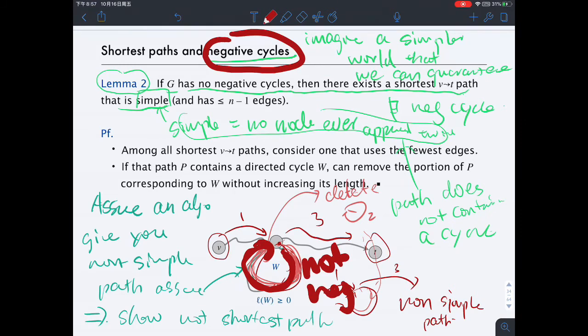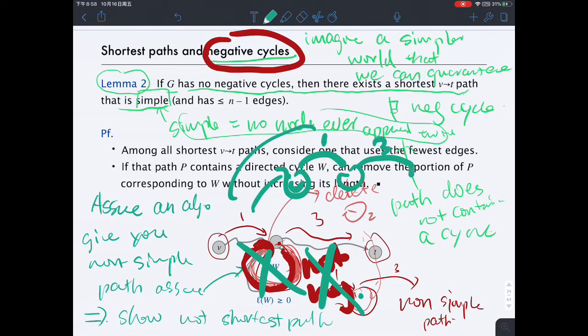So the cycle here is either 0 or positive. In case it's 0 or in case it's positive, then we can directly remove this cycle and get the path from V to this node, using path 1, and then use path 3 to T.